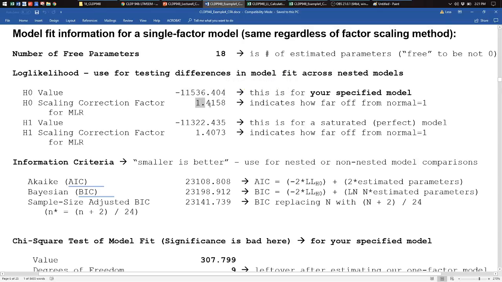Here's my scaling factor for how far off my data are from multivariate normal, 1.4. It's not 1, meaning you should be using robust ML instead of regular ML. Here's H1, my perfect model height. This is the height if I just let all the variances, means, and covariances be estimated.